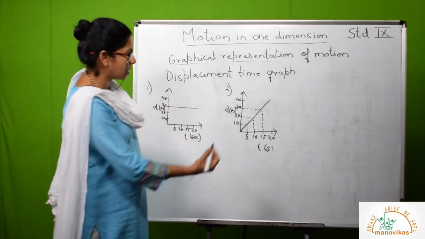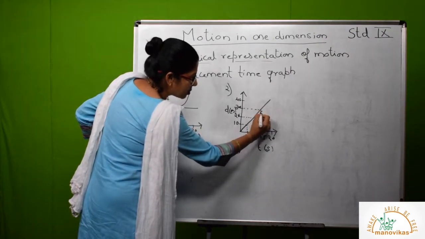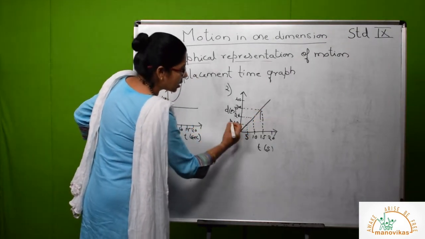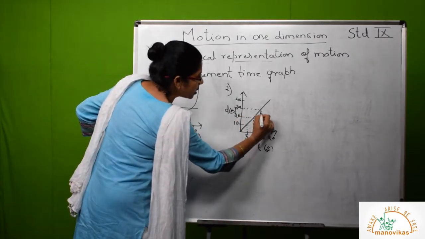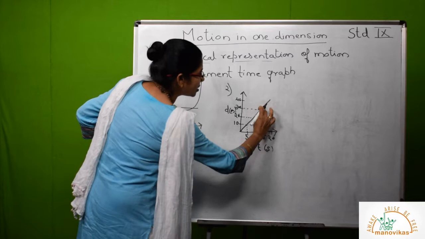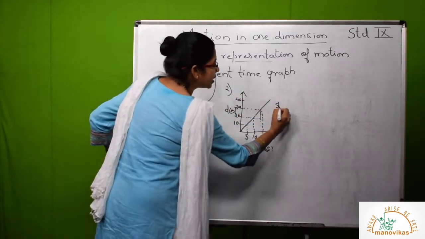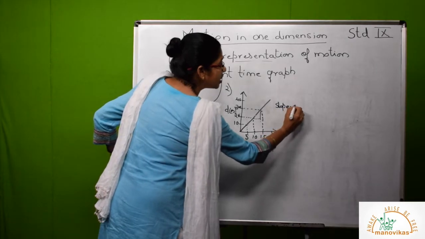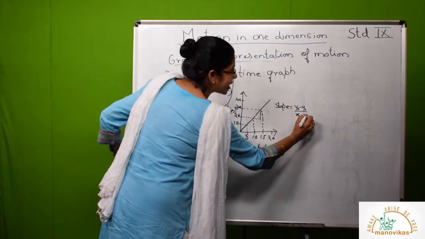I can take two coordinates, drop a perpendicular and then a parallel from this line. Using the formula, slope is given by y2 minus y1 upon x2 minus x1.